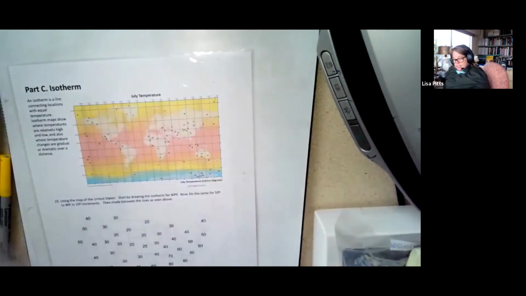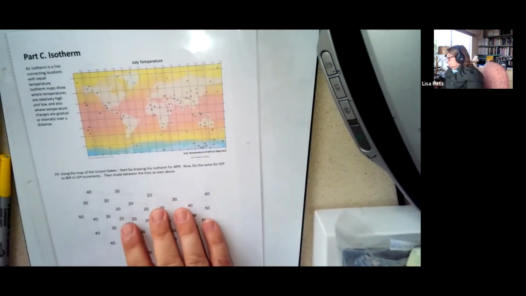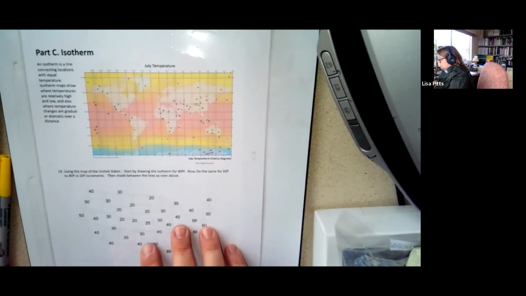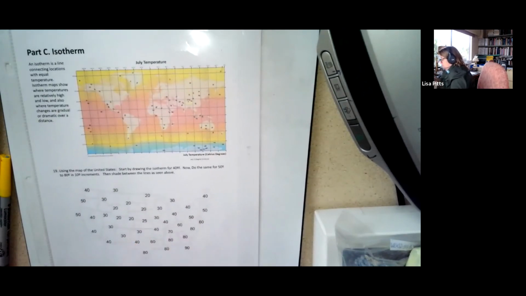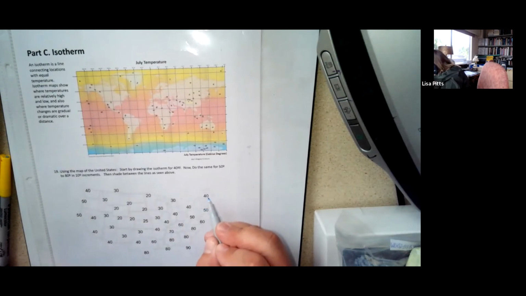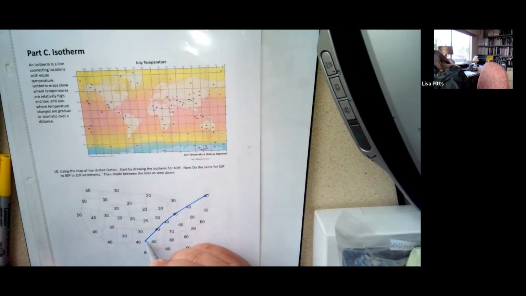The next one is an isotherm map. So this one, we're going to, again, make a map based off of temperature stuff. It says start by drawing the isotherm for 40 degrees, and 40 degrees sounds like it's a cold temperature. So we'll connect the 40-degree temperatures like this.